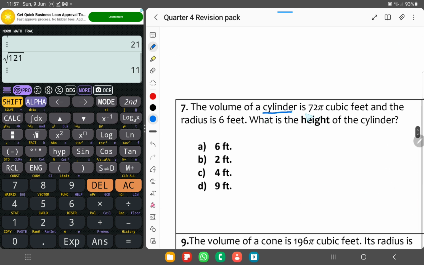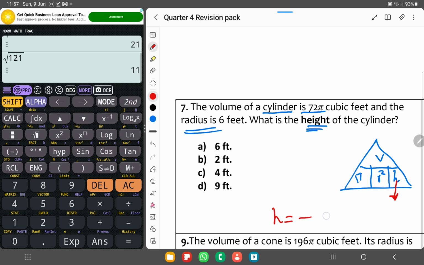Cylinder, you have the volume of it, and he's asking about the height. And you have also the radius. So it is basically the same idea for the cylinder. Let's again draw the triangle. Volume equals pi r squared h. What is the height? Height equals volume over pi r squared.